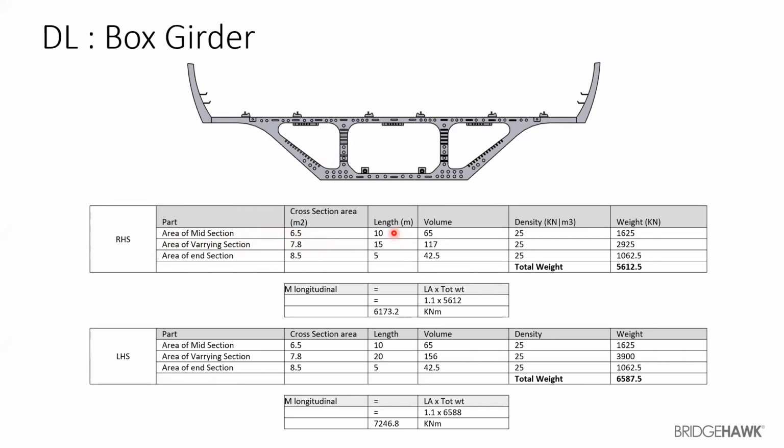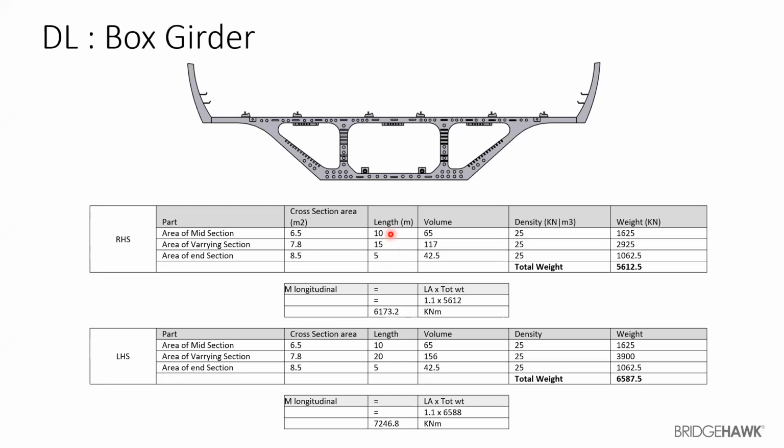If you see that we had on the right-hand side a span which was 30 meters. So I have divided the actual girder into 10, 15, and 5, which totals to 30.